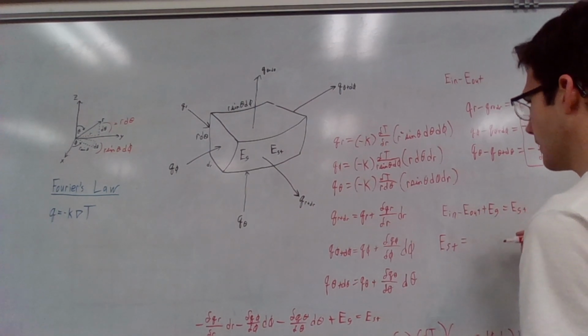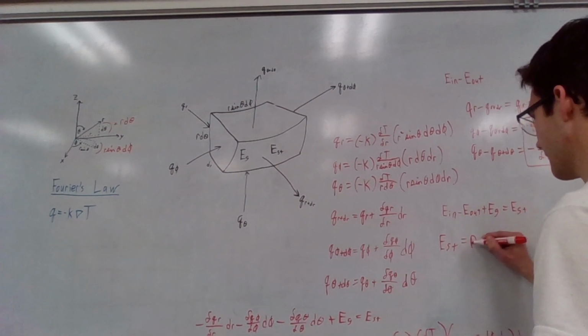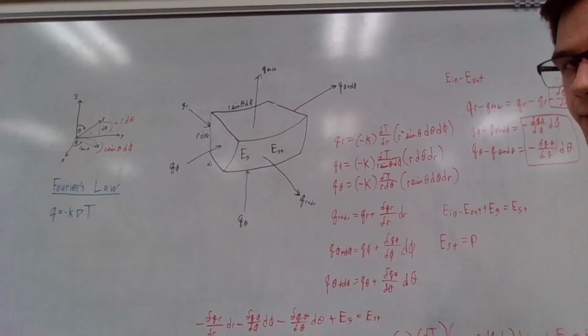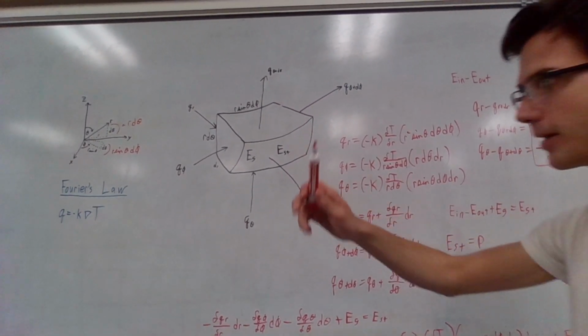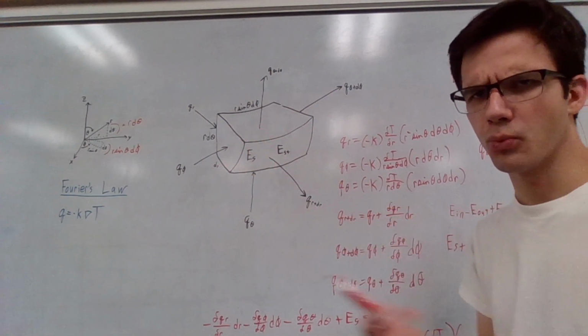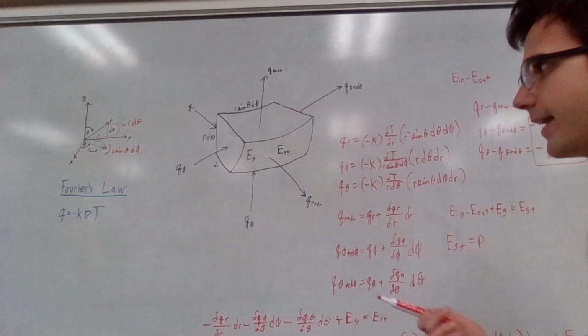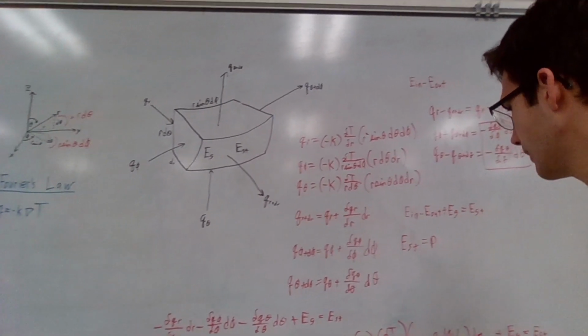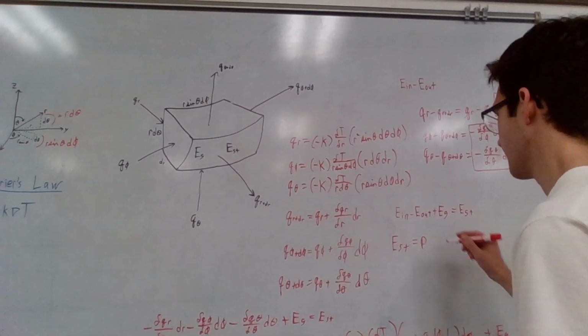So we need a mass. Well, let's take a density times our volume. Now, because this is a control volume, a differential volume, each of these is infinitesimally small. We can just approximate this as a cube, and the volume will be accurate. All right, so we're just going to multiply those three axes by each other.